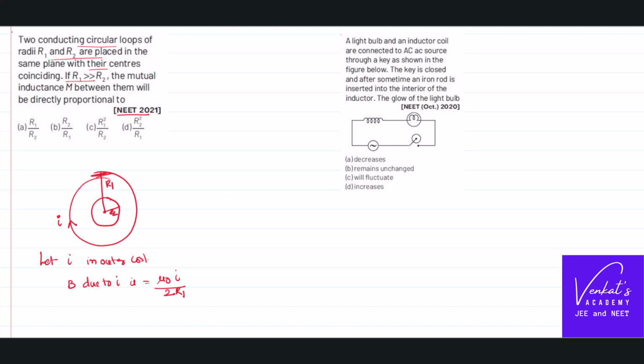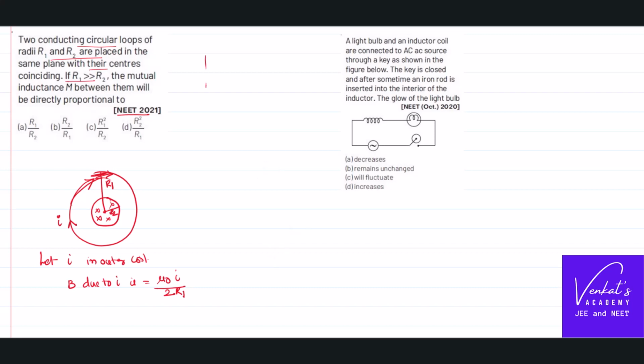Due to the right hand thumb rule, if you hold your curled fingers around this circular conductor, your thumb goes inside, so the magnetic field developed is inside. That magnetic field generates a flux inside, right?